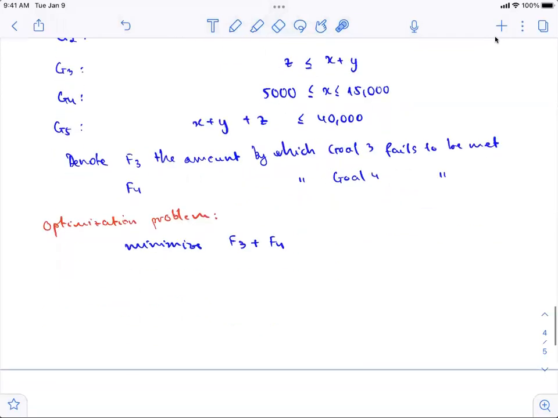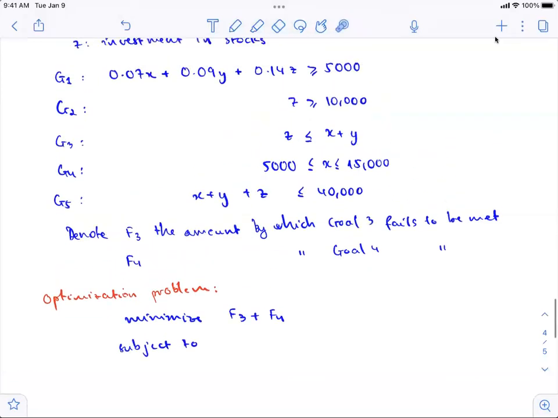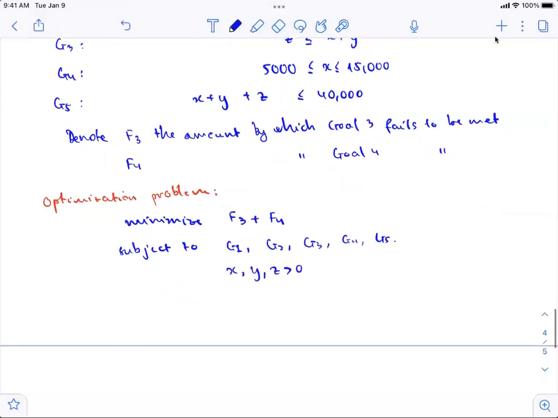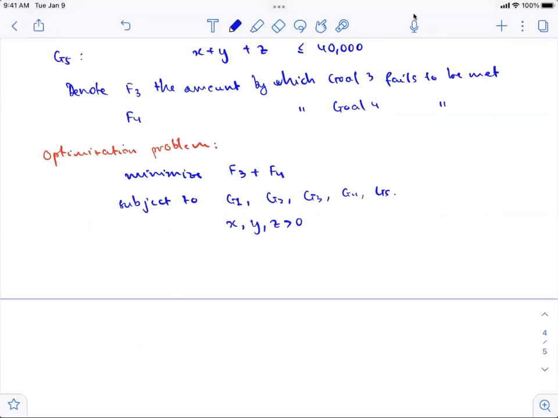So subject to, I'm not gonna rewrite these inequalities, but I'm gonna write G1, G2, G3, G4, and G5. And also the condition that we need to impose is that X, Y, and Z have to be positive numbers to ensure that we have a positive amount of money that we're going to put into these accounts.